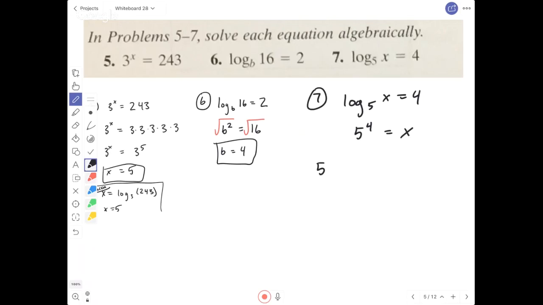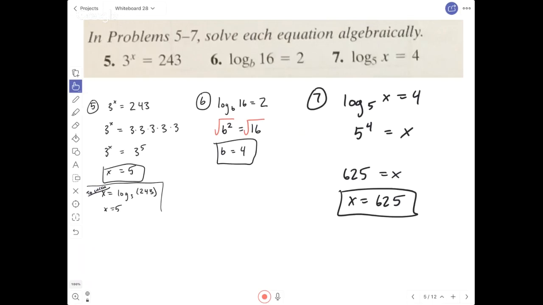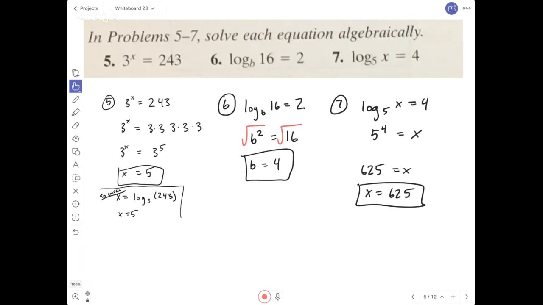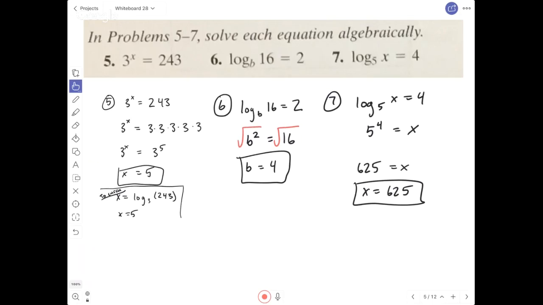Well, that's 5 times 5 is 25 times 5 is 125 times 5 is 625. Okay, so 625 equals x. There we go. 5, 6, and 7. Any questions on 5, 6, or 7?